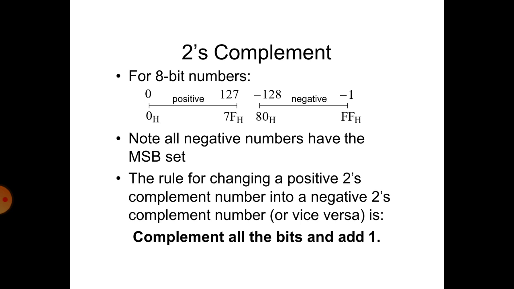Note all negative numbers have the MSB set. So the rule for changing a positive 2's complement number into a negative 2's complement number, or vice versa, is to complement all the bits and add 1. So this is a 2's complement.